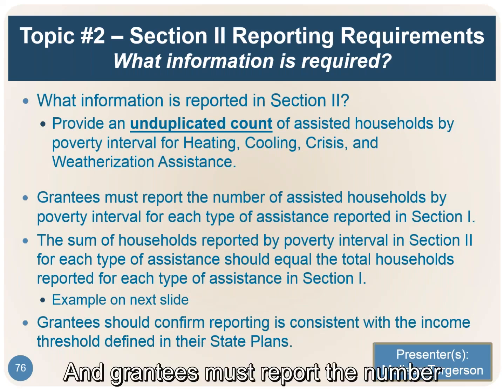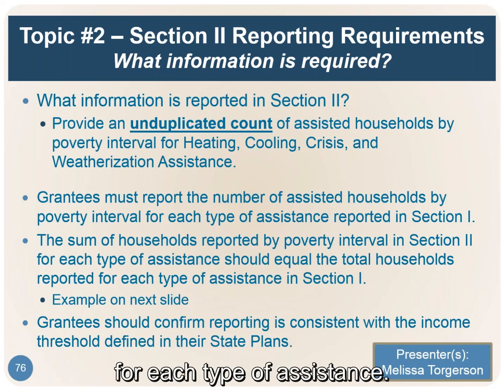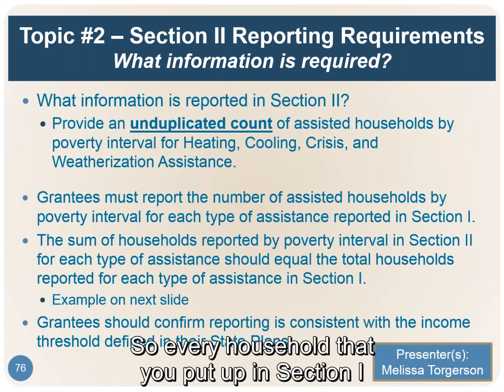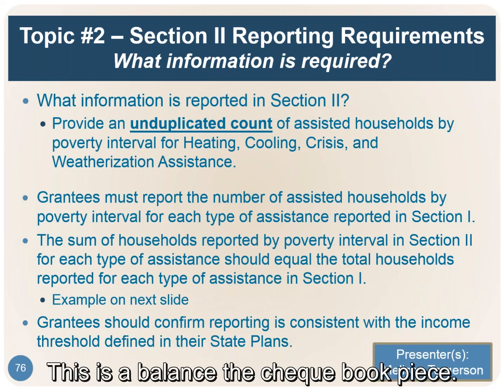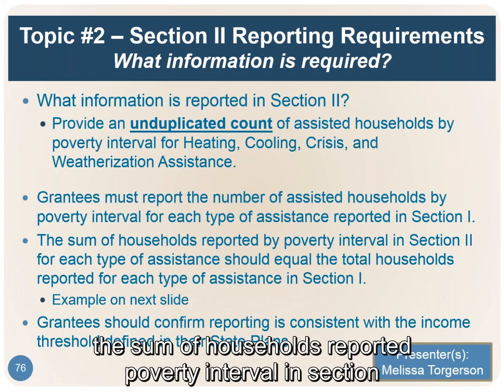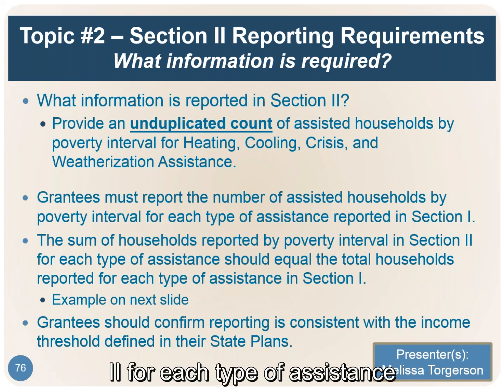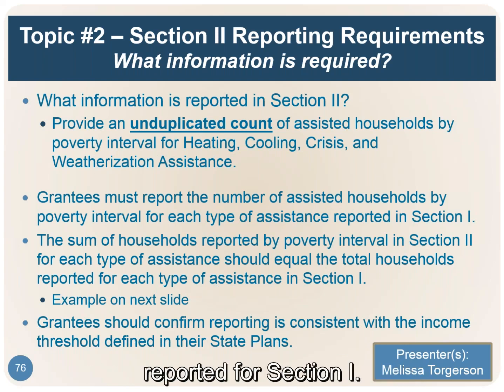Grantees must report the number of assisted households by poverty interval for each type of assistance. So every household that you put up in section 1 needs to be accounted for in section 2. This is kind of a balance, the checkbook piece. And along those lines, the sum of households reported by poverty interval in section 2 for each type of assistance should equal the total households reported in section 1.